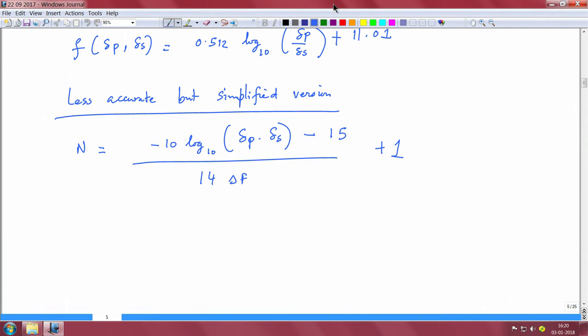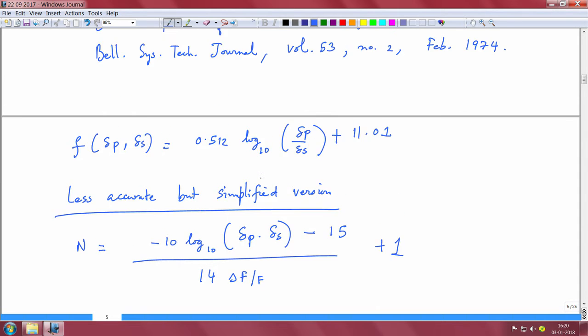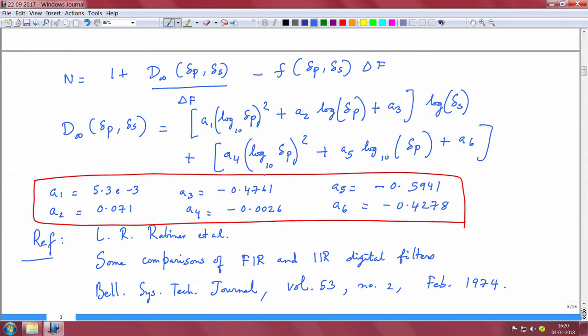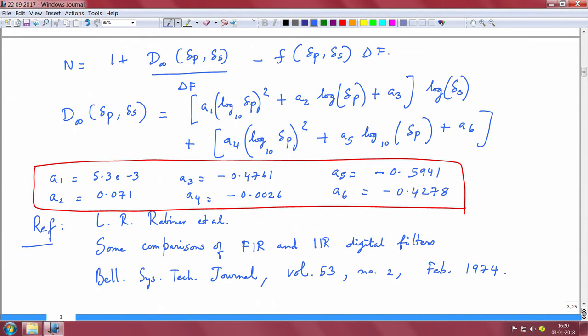You can use whichever is your favorite. A small thing that I noticed here is it has to be delta f by f on this slide, and in the previous one as well, delta f upon f, okay, so that the units come out correct.